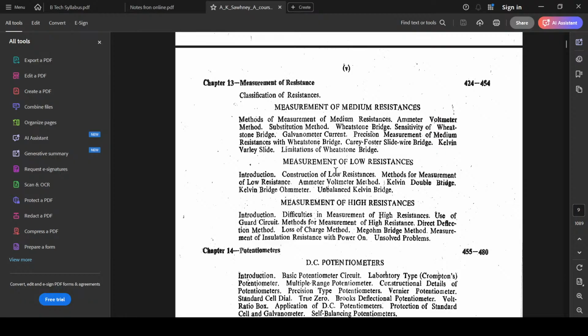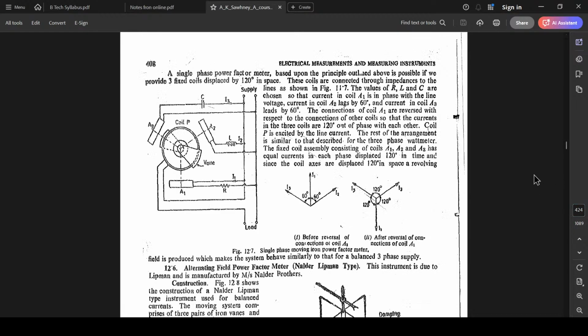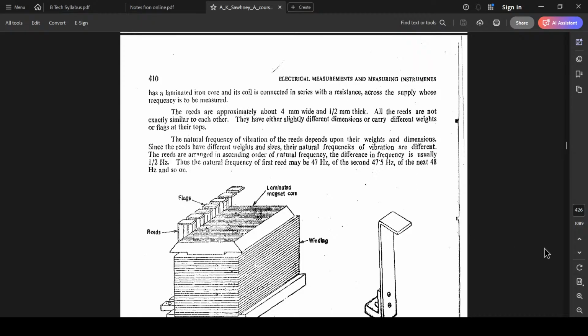So let's start with this only. 424 now. This is 408, so we are off by 18 pages. 424 plus 10, 434 plus 10, 440.